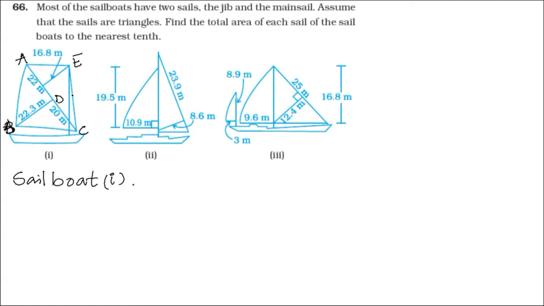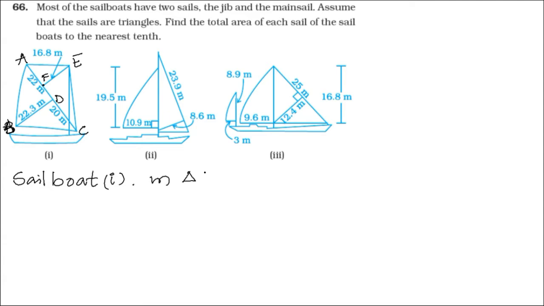This is E. This particular point, I'll name it as F. So there are 2 triangular parts here. These 2 triangular parts should be added up. Then we will be getting the area of sailboat 1. We can make use of half into base into height. Let's solve it. First, let me consider the area of triangle ABC.